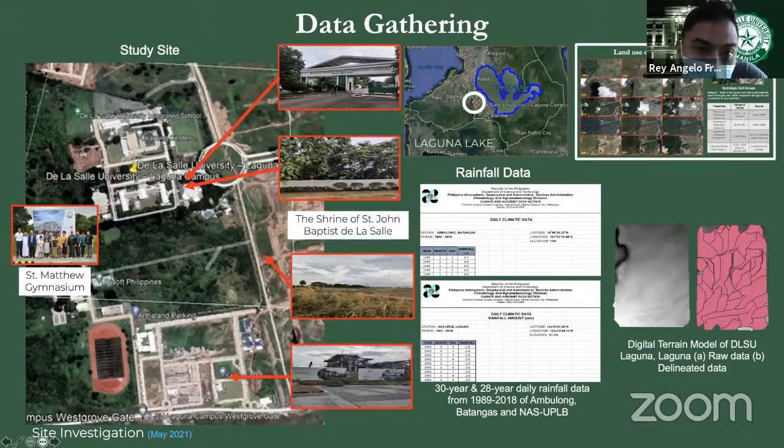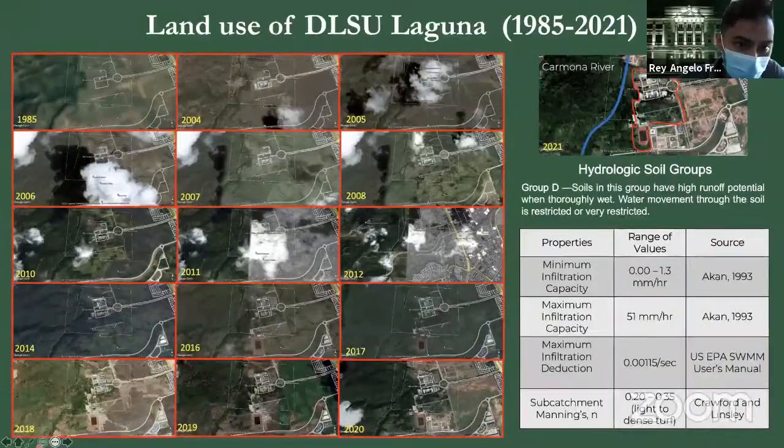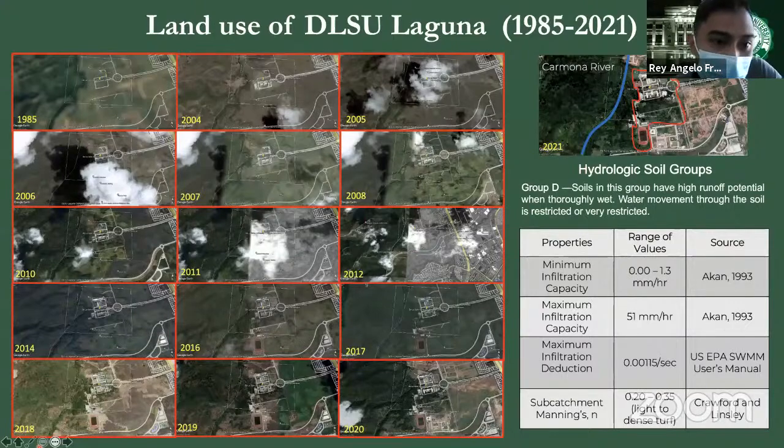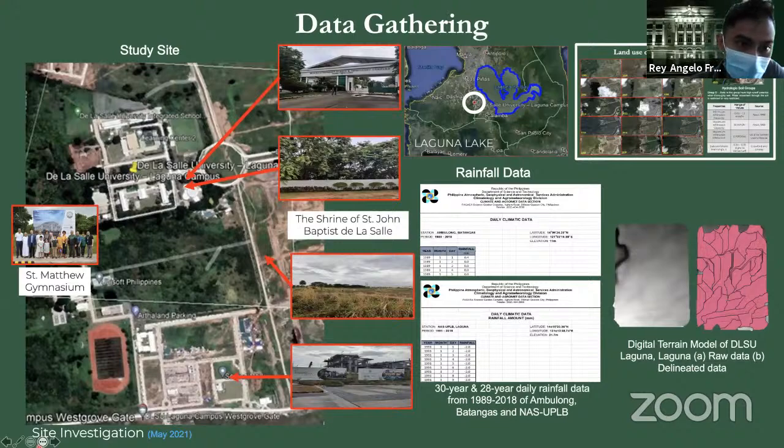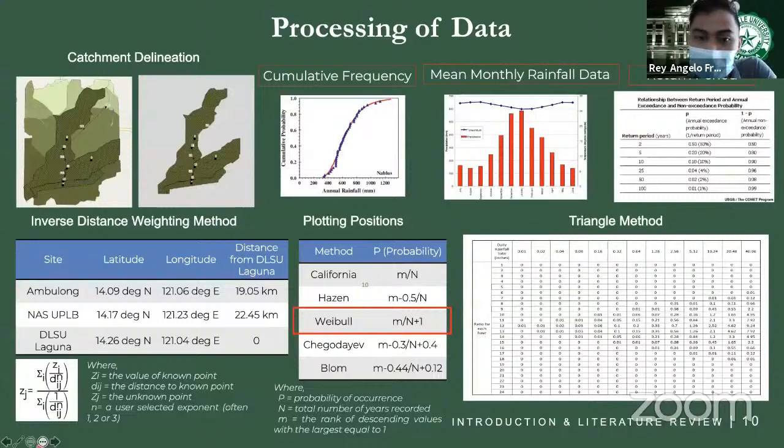So this was all used in the analyzing of the data. In our site, actually it was changing, from the pre-developed to a developed area. Actually, the DLS Laguna is located in the southwestern part of Laguna Lake, and the construction there is ongoing.